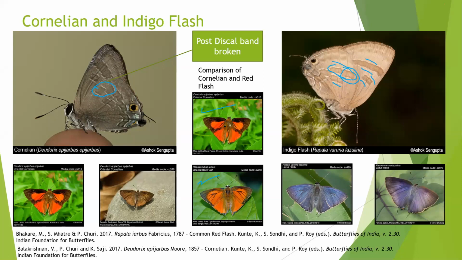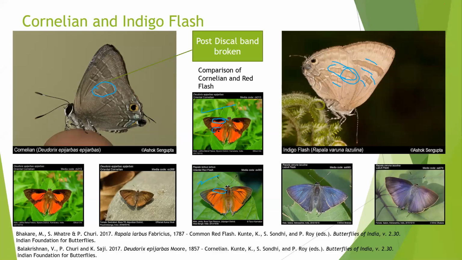So how to distinguish between this cornelian and the red flash? It is easy. When you see the cell here, in the case of cornelian, it is black. It is very dark colored, whereas this is not the case with your red flash. There is no dark coloration in the cell. It is very easy to distinguish a cornelian open wing. Also, in the case of red flash, this hind wing coloration is not always visible.